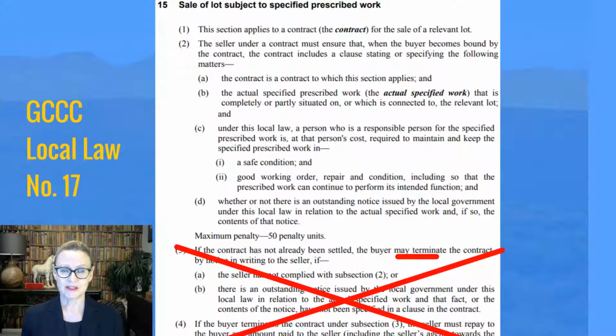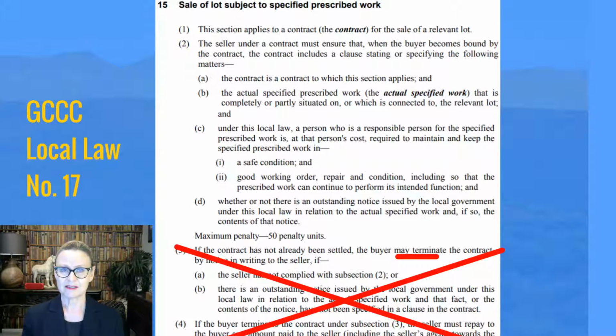We touched on this in our video series on seller disclosure before contract, where we had a little look at section 15, which applies to sellers of a land sale contract where a specified work is included. Specified works are defined as things like pontoons and so forth that abut the water or are in or on or below the water.